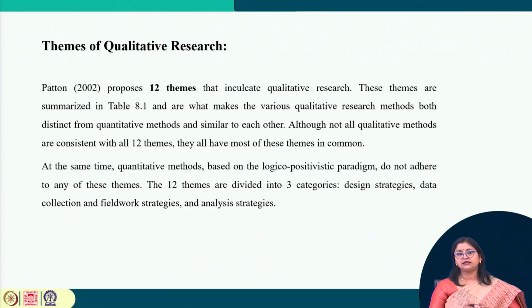Although not all qualitative methods are consistent with all 12 points, they all have most of these elements or themes in common. At the same time, quantitative methods based on the logico-positivistic paradigm do not adhere to any of these themes. The 12 themes are divided into 3 categories: design strategies, data collection and fieldwork strategies, and analysis strategies.